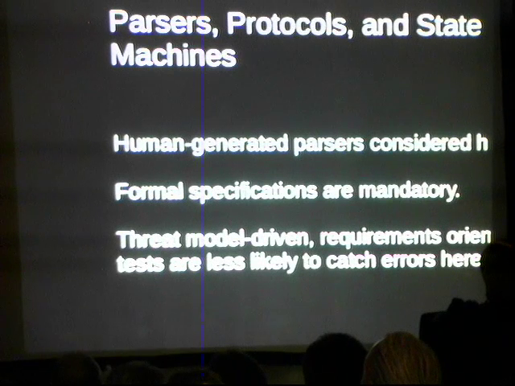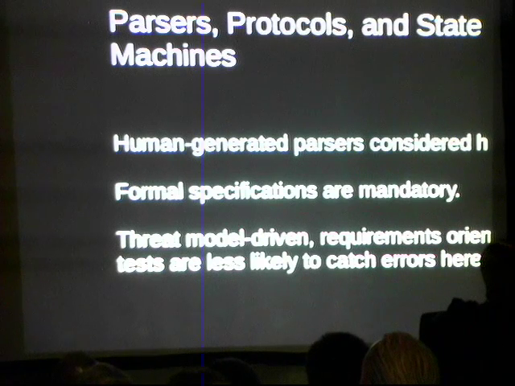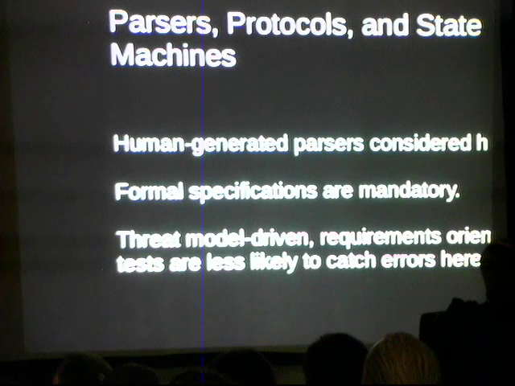Parsers, protocols, and state machines. If you have any code in your system that was written by a human that tries to parse something, you have a bug. Really, you have a bunch of bugs, but the first bug that you have is that you let a human write a parser, because humans don't write parsers. Very specific humans write parser generators. And then you can write formal specs for what you want that parser generator to accept.